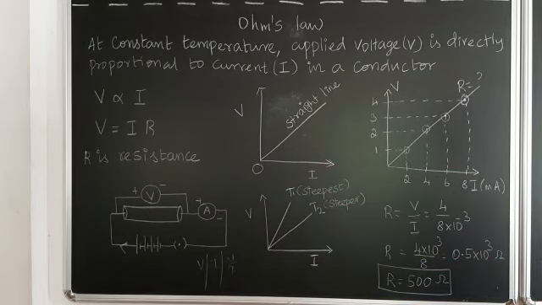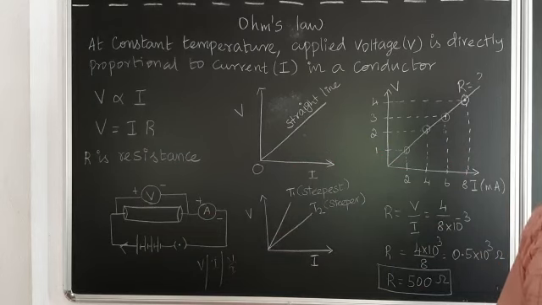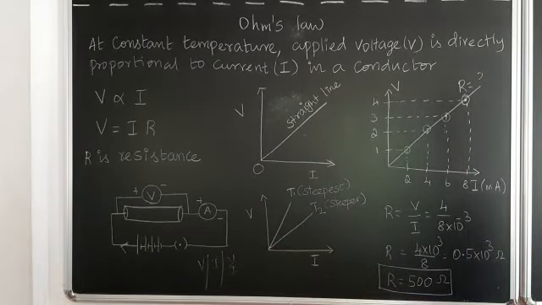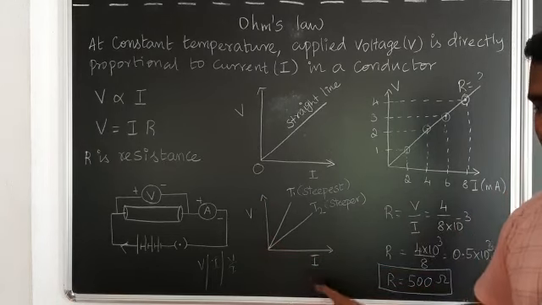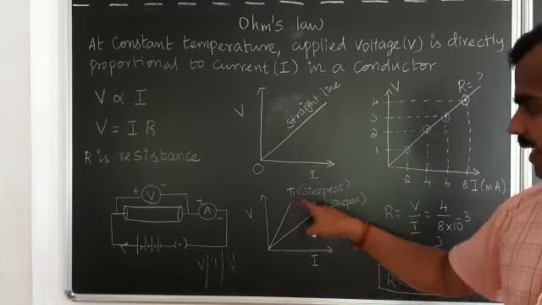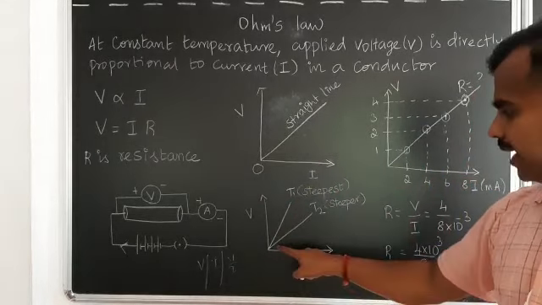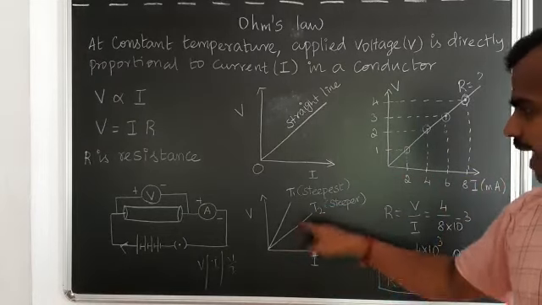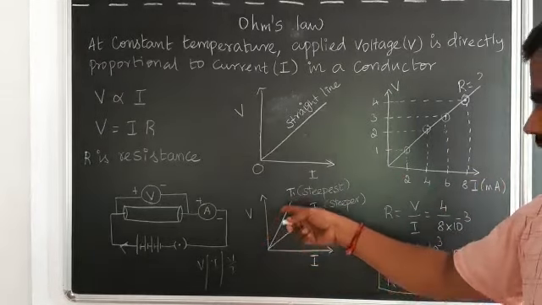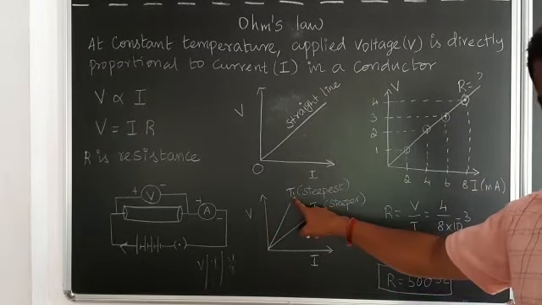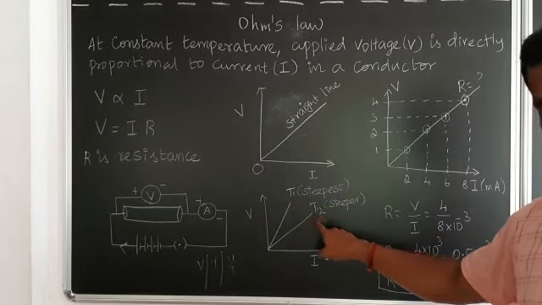And sometimes they want to play with you from the exam point of view. Here I have drawn a VI graph, right? This straight line indicates one temperature that I denoted as T1, and here the next temperature T2 for the same material. Assume this one is 40 degree and this one is 35 degree.